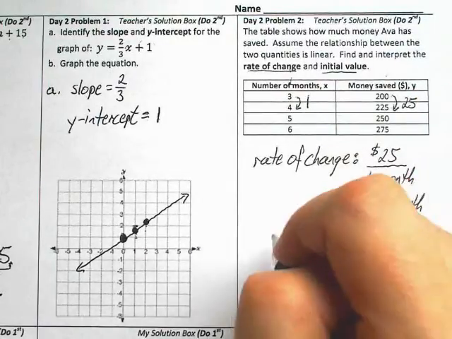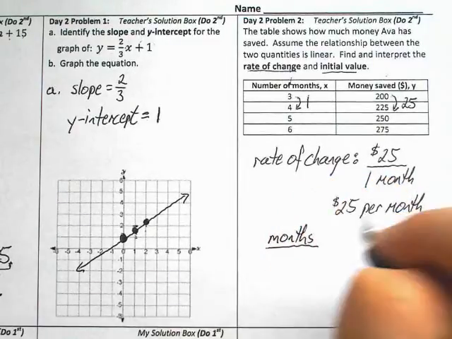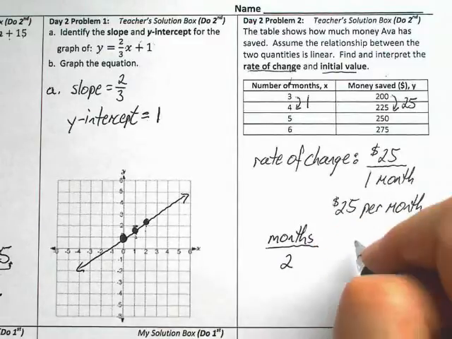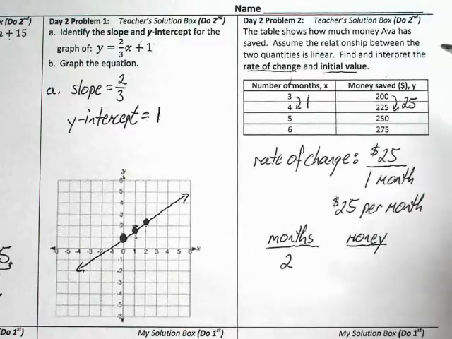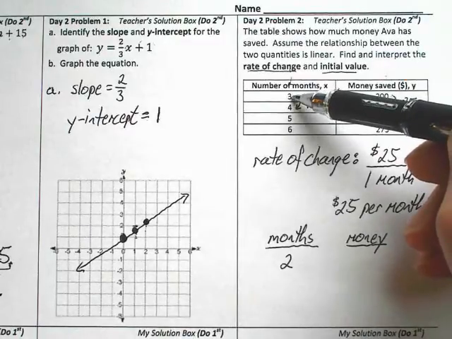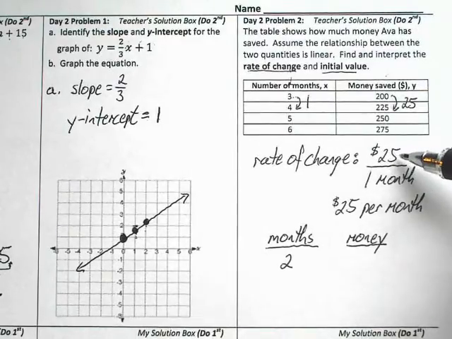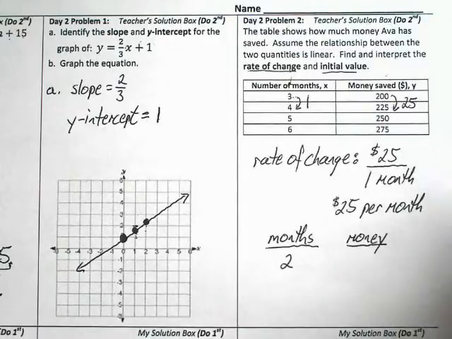So let's do that. All right, so for months, what was it in the 2nd month? So now her money. If in the 3rd month of saving, she has saved $200, and we know that the rate of change is increasing $25 per month, we can work backwards and figure out how much money she had in the 2nd month.